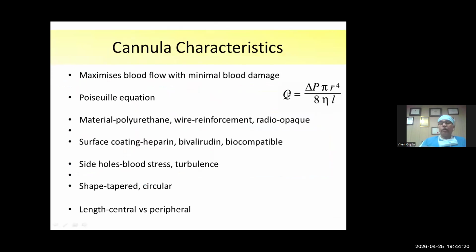Whenever you are choosing a cannula, you should remember that it should maximize the blood flow and there should be minimum blood damage. And we must remember Poiseuille's equation: the longer the length, flow may be compromised, and if the radius is bigger, it is going to improve the blood flow. There are multiple types, coated with heparin, and many radio-opaque cannulas.